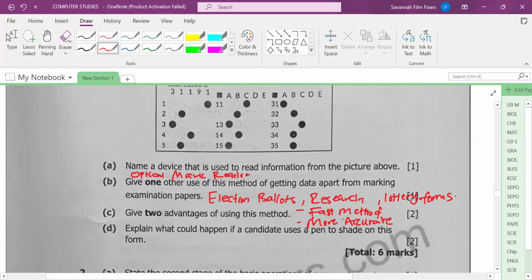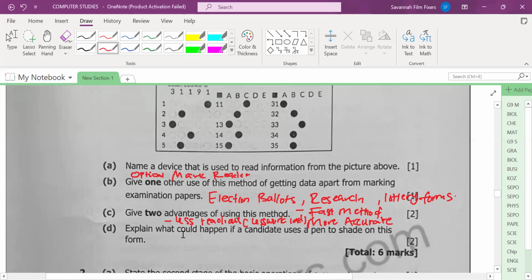So it's faster, more accurate, less tedious. It doesn't require so much work, less workload, if we're using simpler English. So not so much work, less workload. It's fast, it's more accurate.